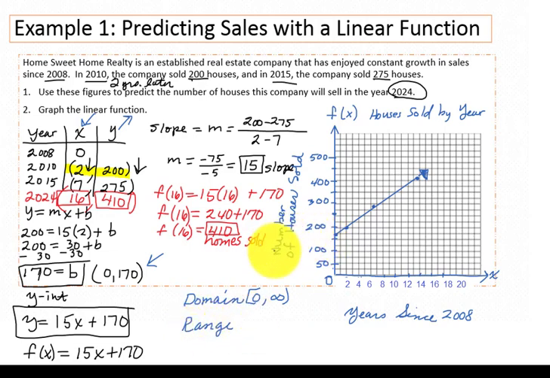The range dealt with the number of houses sold. So the lowest number of houses sold is reflected with our y-intercept value. So that was 170. So we use a bracket to include that 170. And then as we go along our line, we can see the numbers go higher and higher to the arrow. So that is also to infinity.